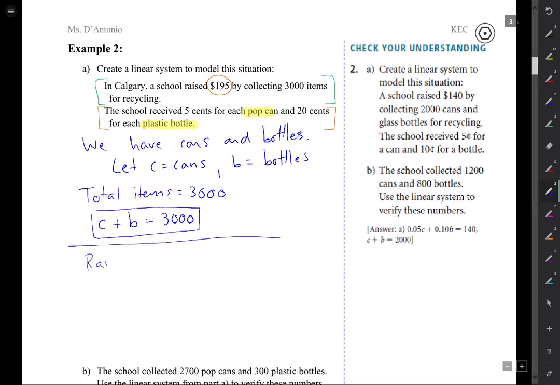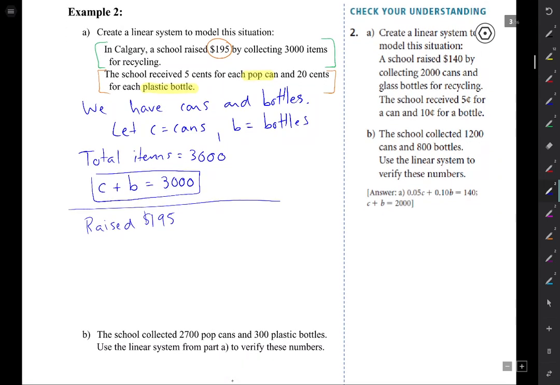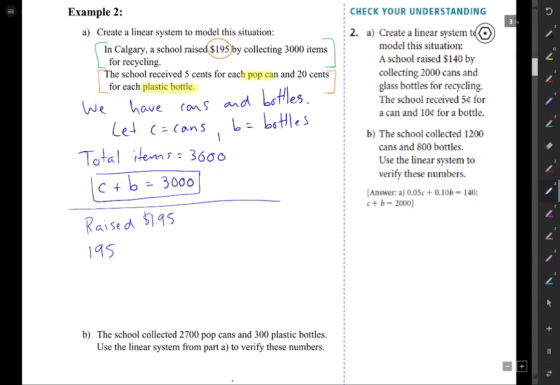I know that they raised $195. So if we got 5 cents for every pop can and 20 cents for every plastic bottle, that needs to equal $195. So I'm going to have 195 is equal to, and then 5 cents would look like this, 0.05.